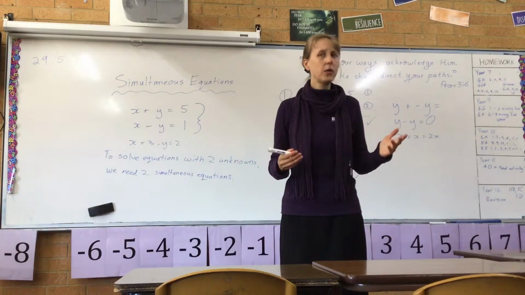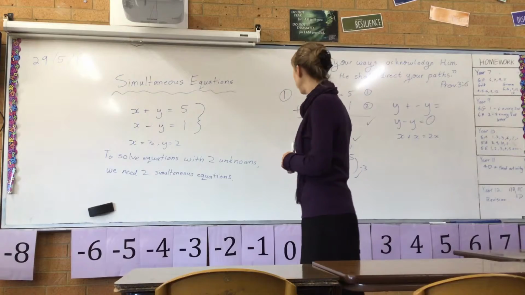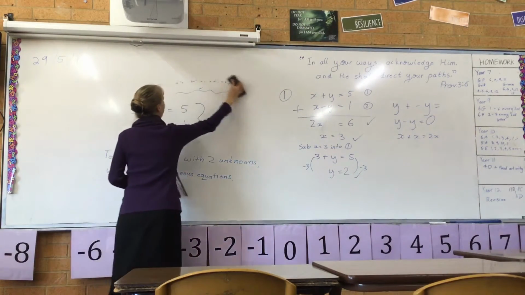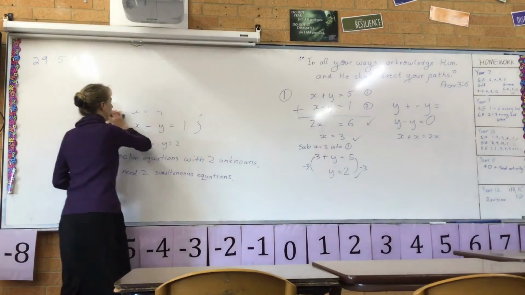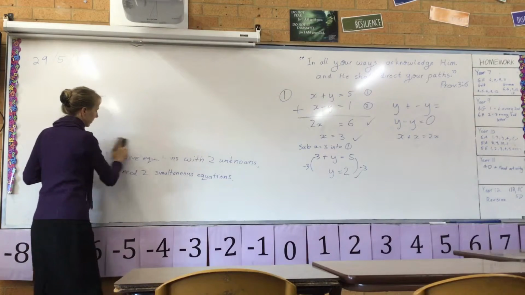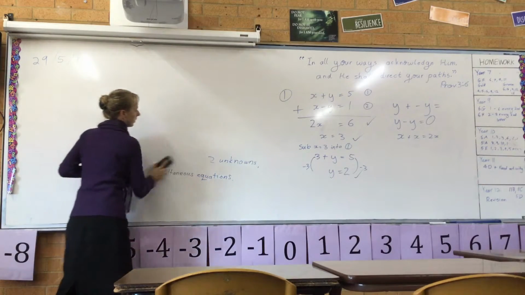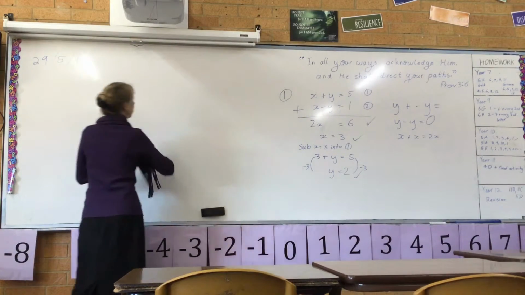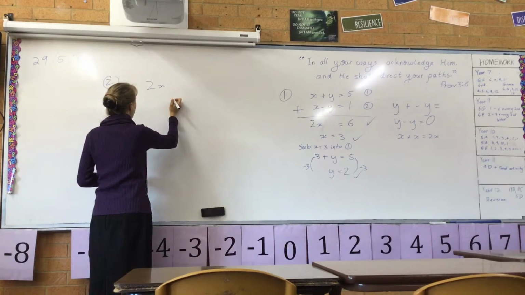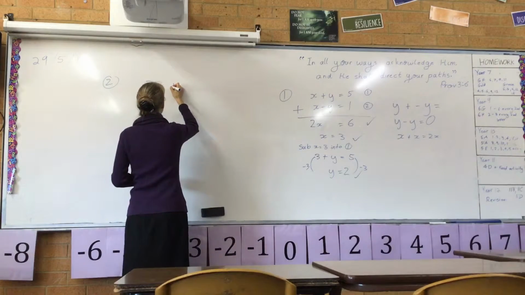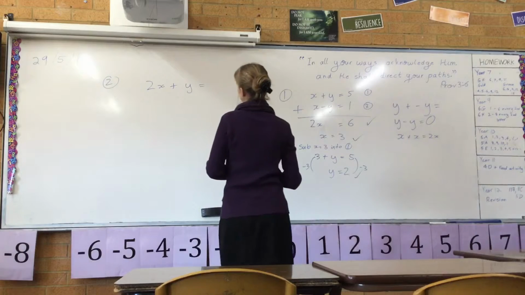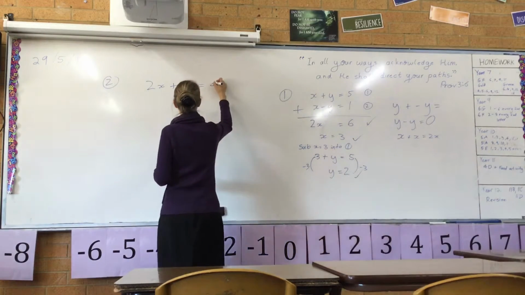Okay, let's try another one where we have to add equations together and work them out. So, next one: 2x plus y equals 4.